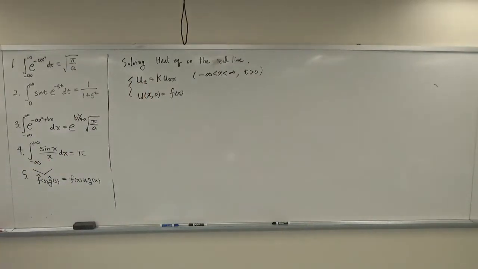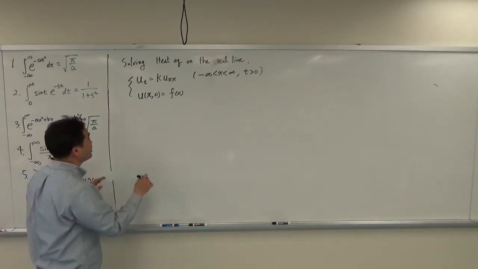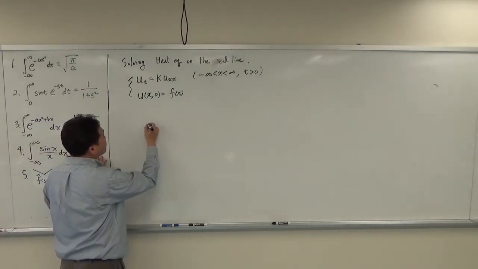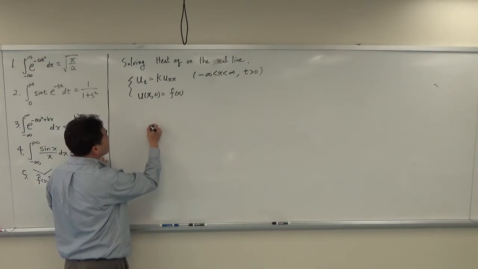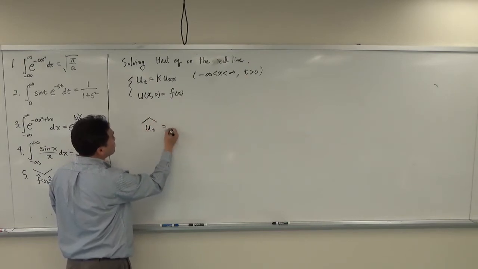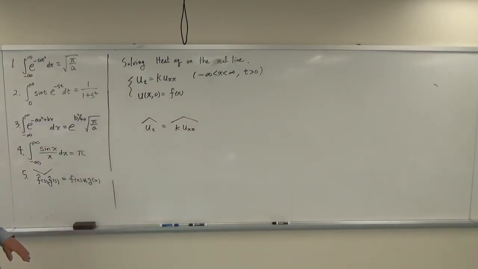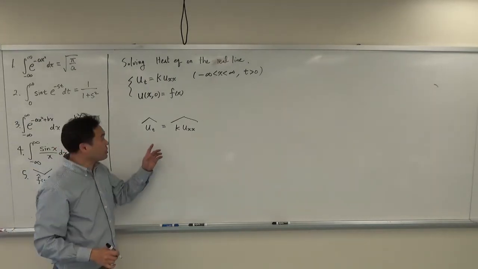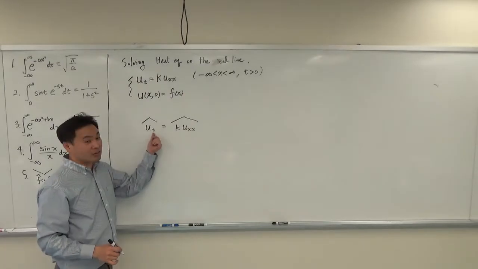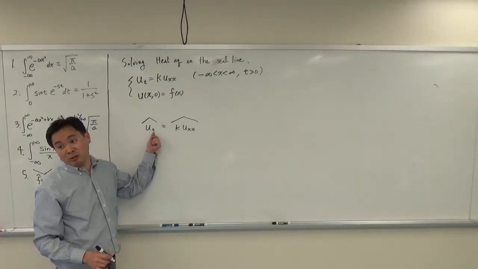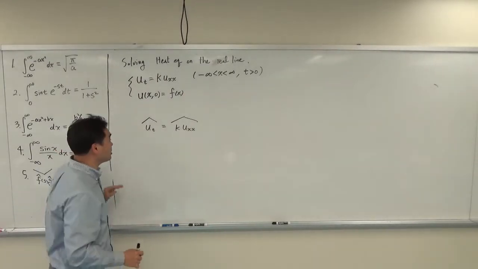So what do we do? We take the Fourier transform with respect to x. Because it's a Fourier transform in terms of x, it just commutes with the derivative with respect to t. T doesn't do anything with the Fourier transform.